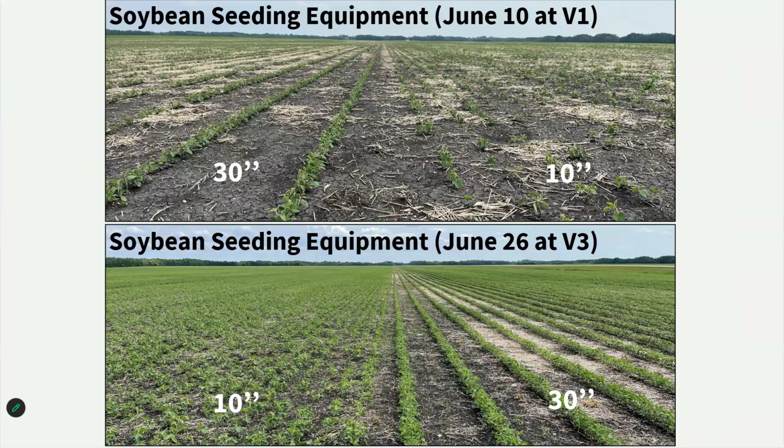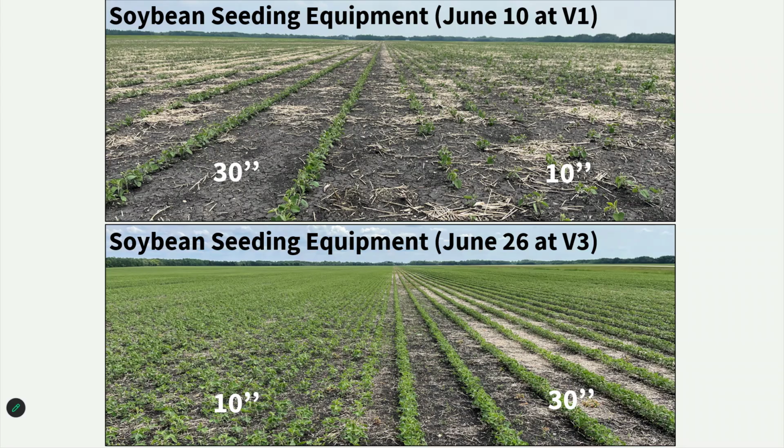So in the top photo here, at one of those sites, the planter rows on 30-inch spacing actually did a lot better with emergence than the 10-inch spacing. And this shows the plants on June 10th at V1 stage. The whole trial was seeded on May 5th, and it struggled getting out of the ground due to soil crusting.